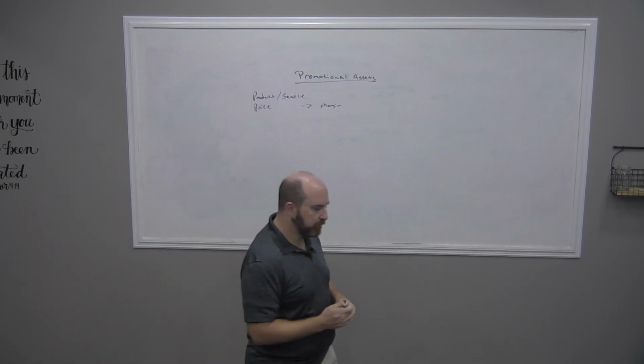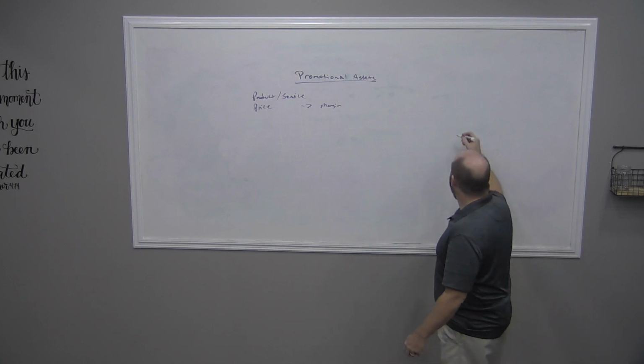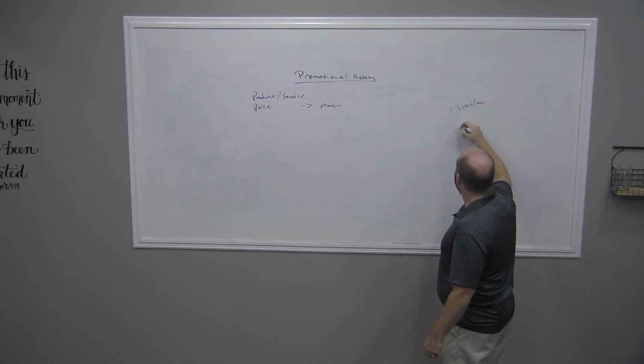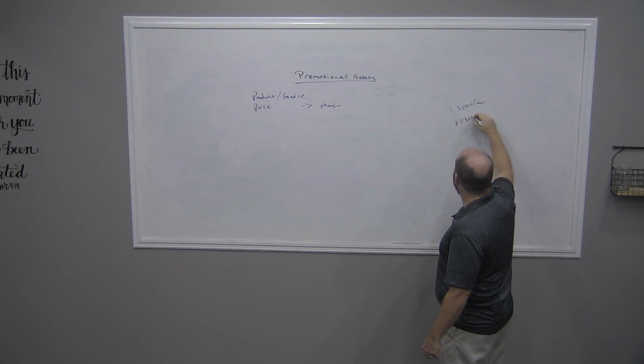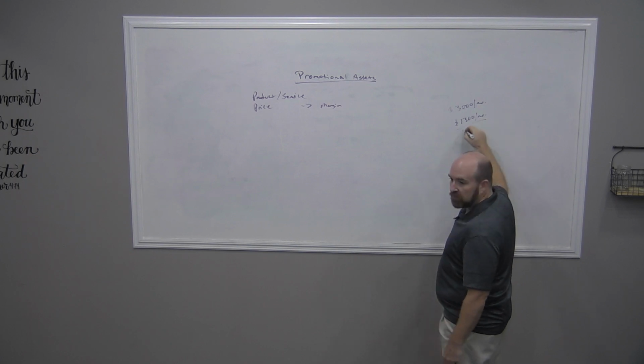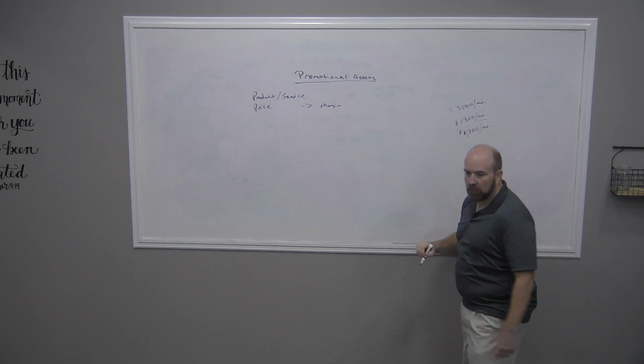I'll give you an example. If I've got something that costs $3,000 a month, and our direct cost is $1,300 a month, right? That leaves how much? $1,700 a month. Okay.